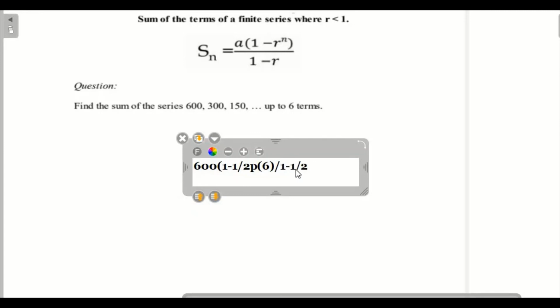So we have to calculate it and our answer will be 1181.25.